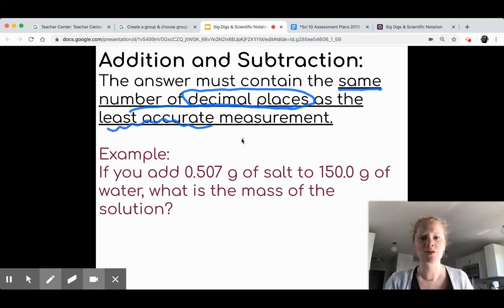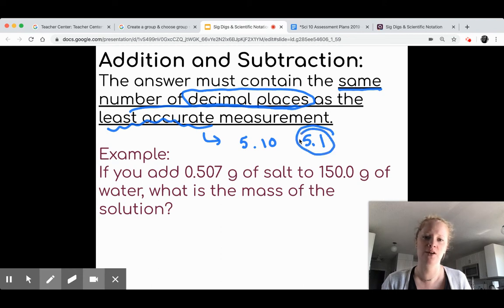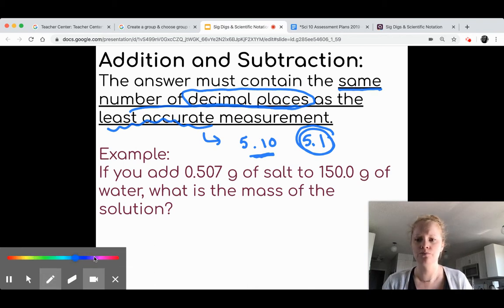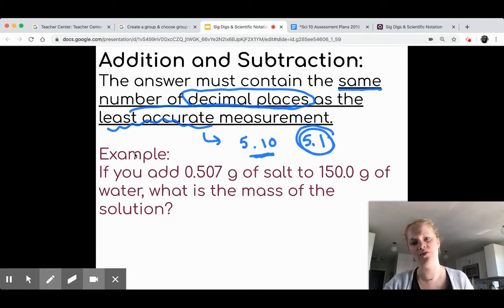Okay, so what that means, least accurate, well, what is more accurate, 5.10 or 5.1? This is less accurate. This guy is more accurate. And so, for example, if you add 0.507 grams to 150, so why not show our work?